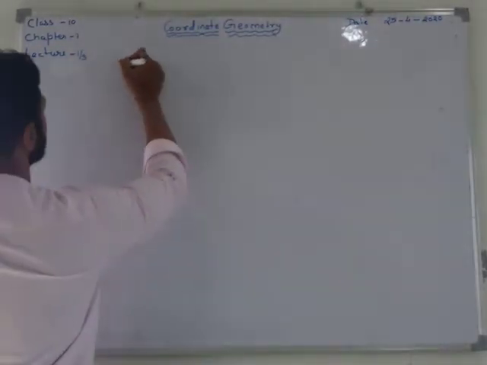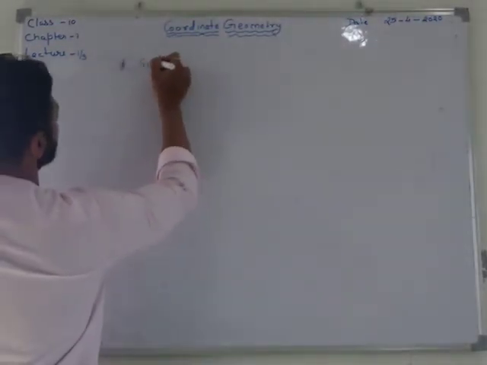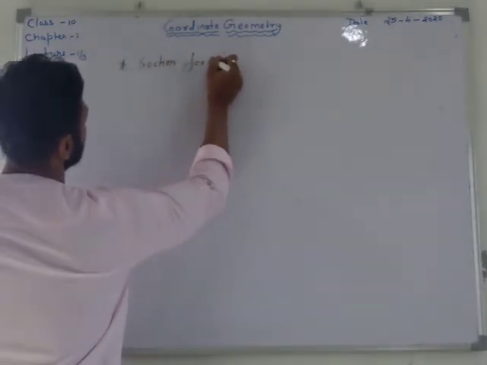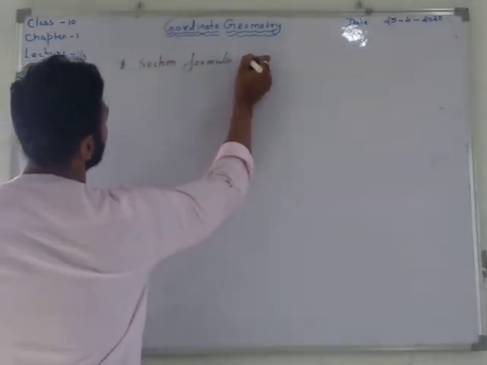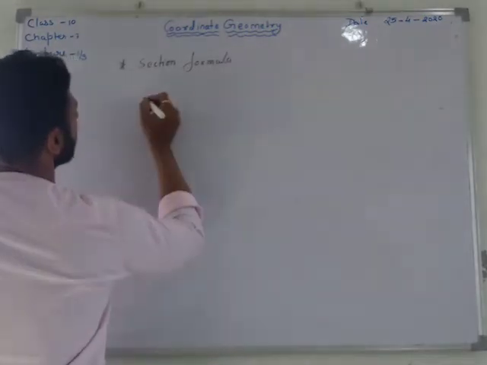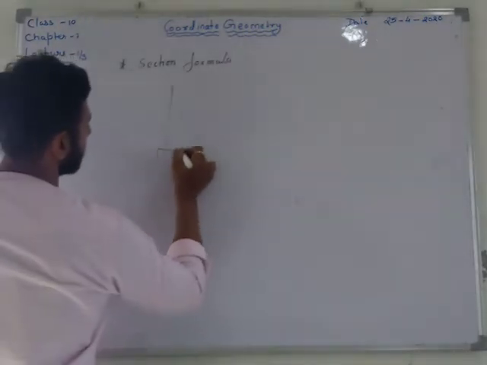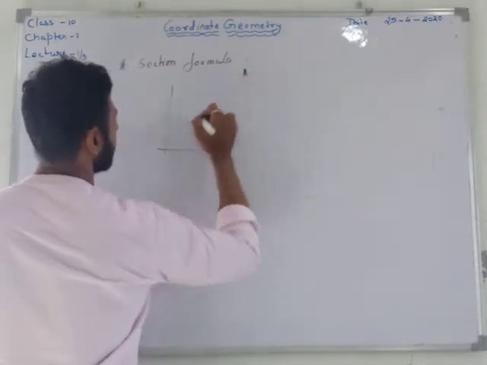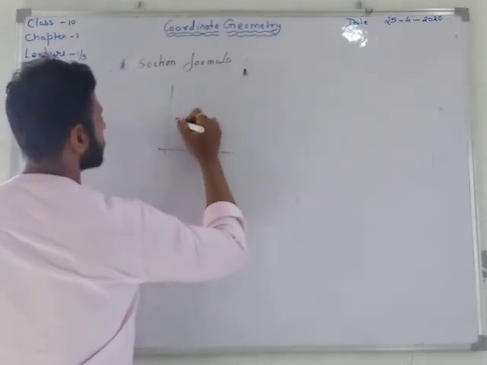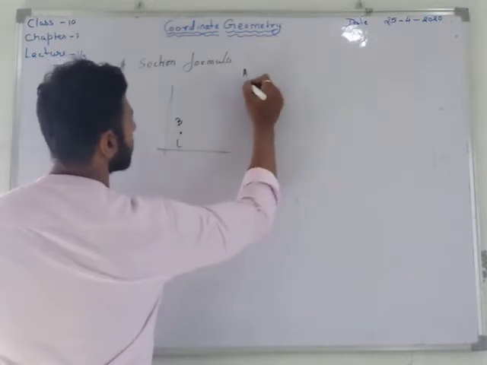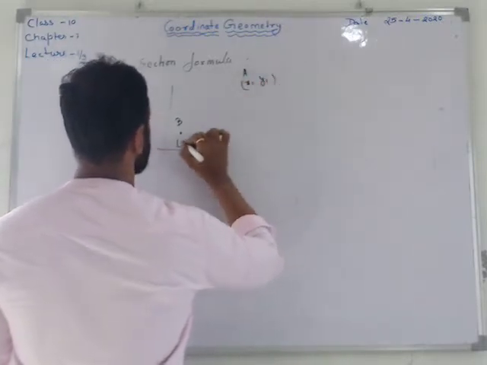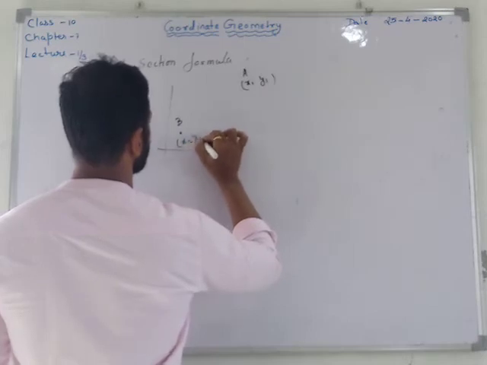Now, the section formula. Suppose we are having two points, point A and point B, with coordinates x1, y1 and x2, y2.